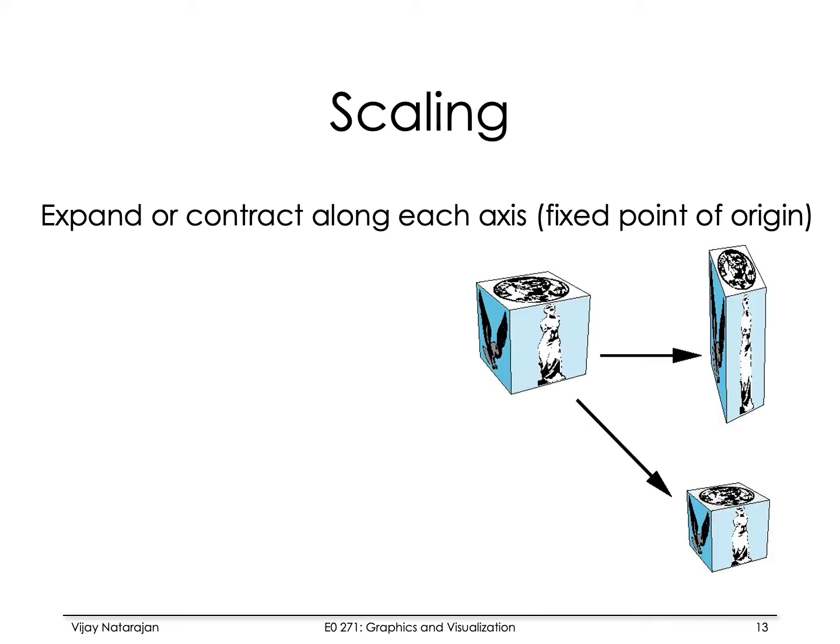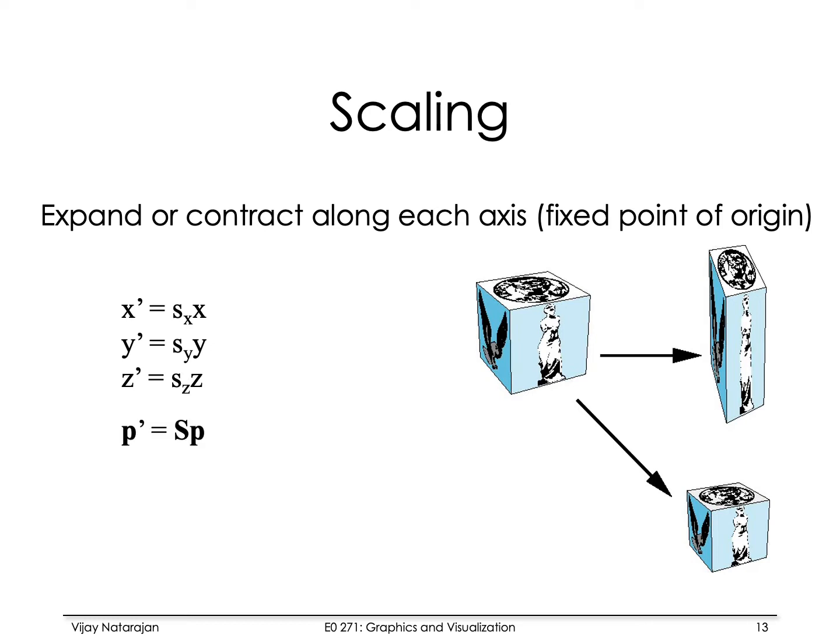We will begin by talking about scaling along the three axes. This is essentially given by these three expressions. x prime is some scaling factor s sub x times x. y prime is s sub y times y, and so on.